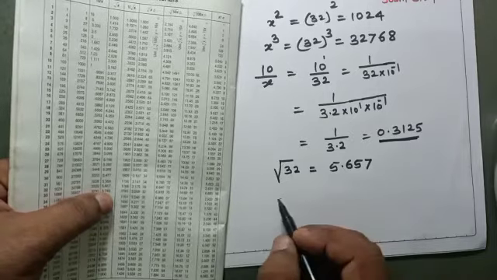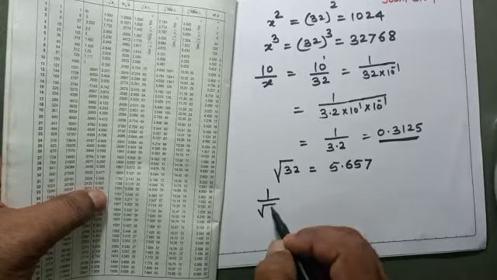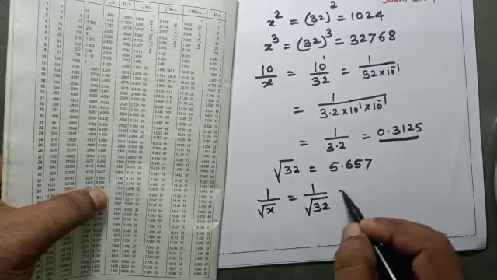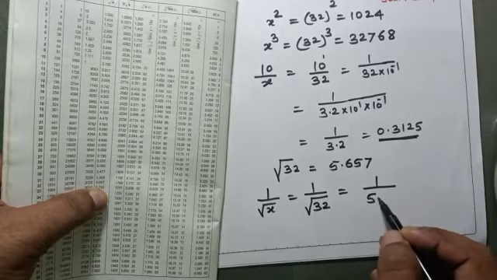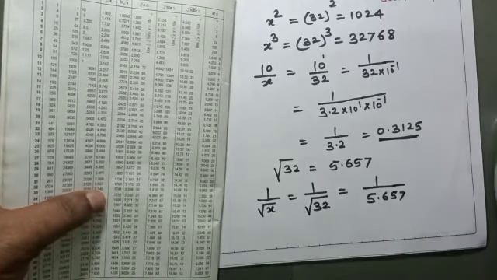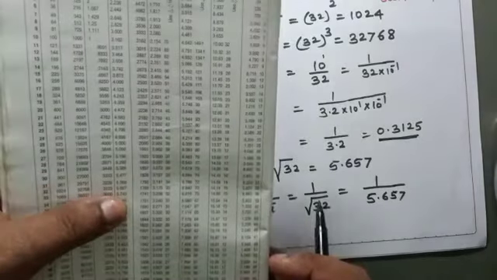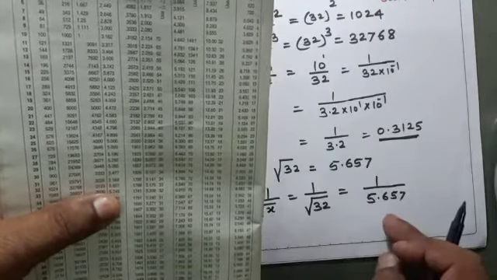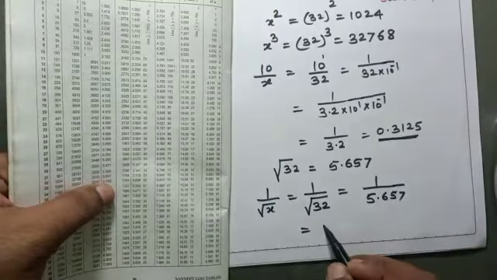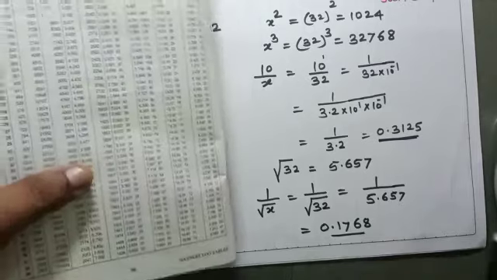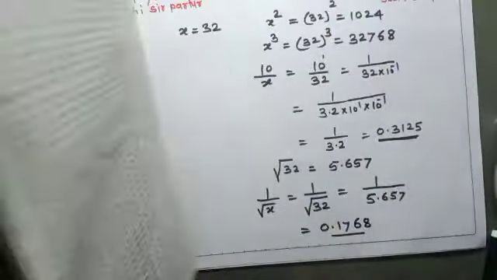Again, the reciprocal of square root of x, means 1 upon square root of 32. So we can see 1 upon 5.657, and if we look at the reciprocal of a 4 figure number, then we can find this reciprocal will be 0.1768. We can check it in the reciprocal table. Reciprocal of 5.6 is there.